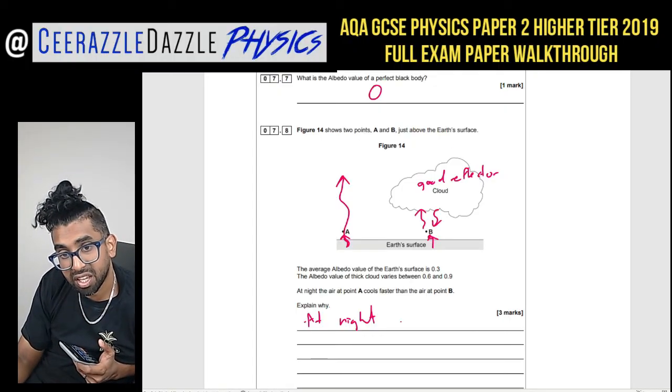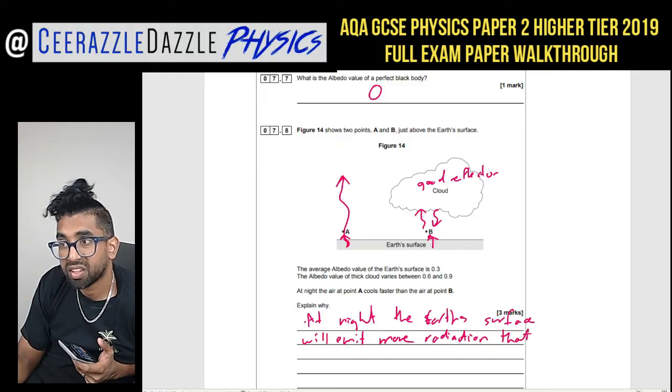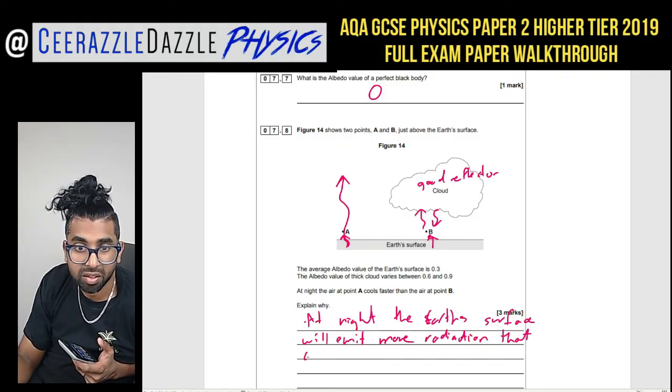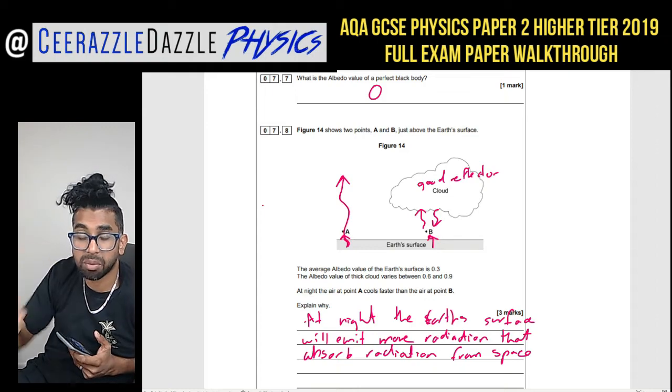At night, the Earth's surface will emit more heat, more radiation than it absorbs radiation from space. So that's the first thing to note, that there's more heat leaving the Earth's surface than coming back in.